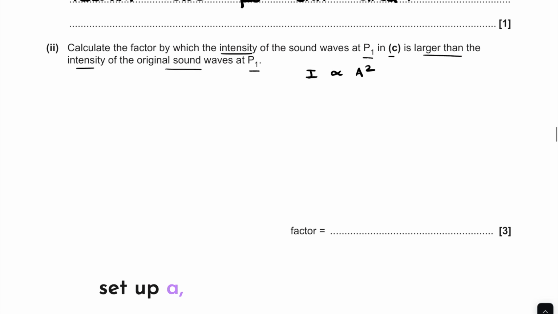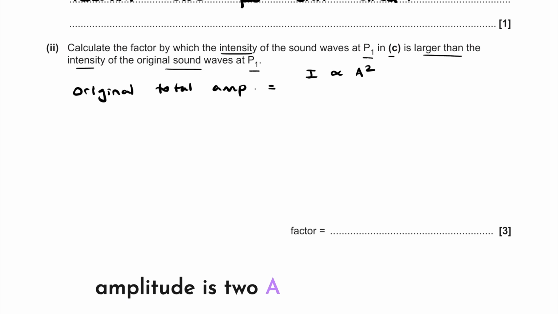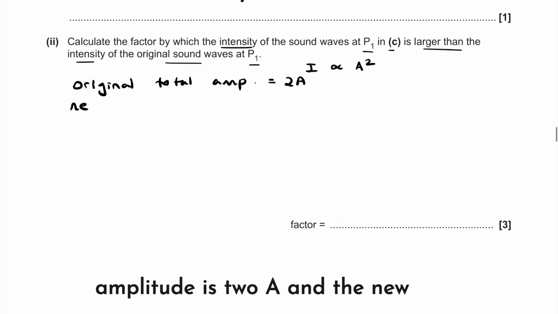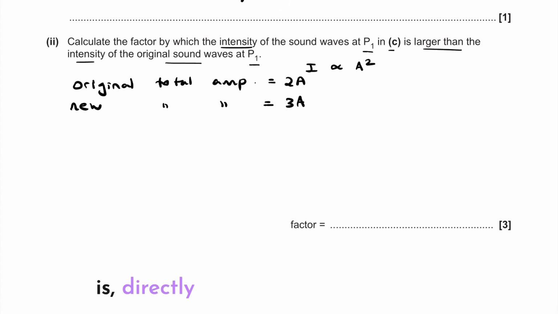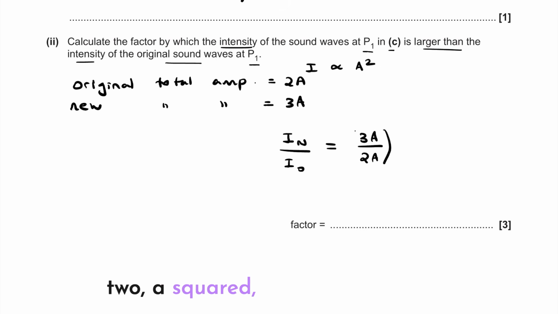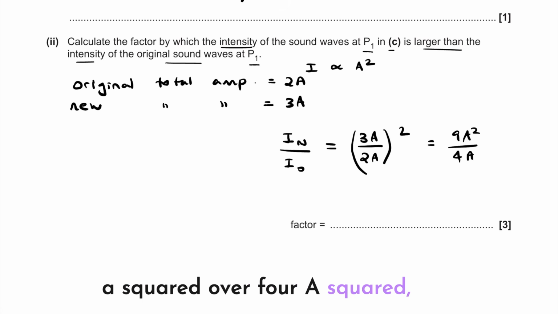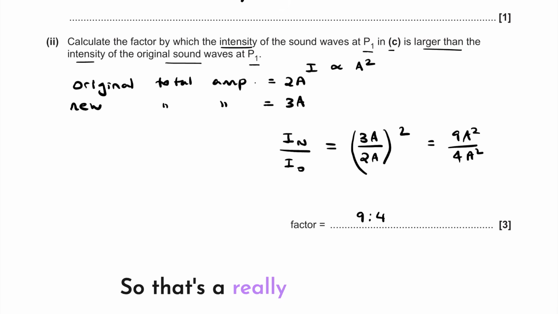If we set up a ratio for the intensity, total amplitude is 2A, and the new total amplitude is going to be 3A. Now that the intensity is directly proportional to A squared, we can simply do the new intensity over the old intensity, 3A over 2A squared, which gives us 9A squared over 4A squared, and therefore the ratio becomes 9 to 4. So that's a really good question.